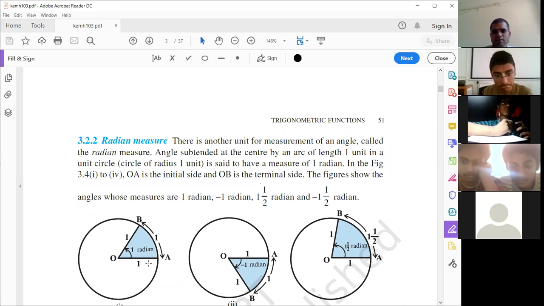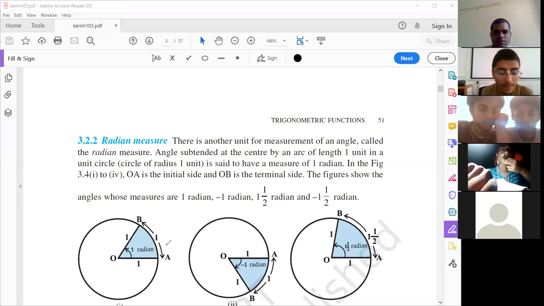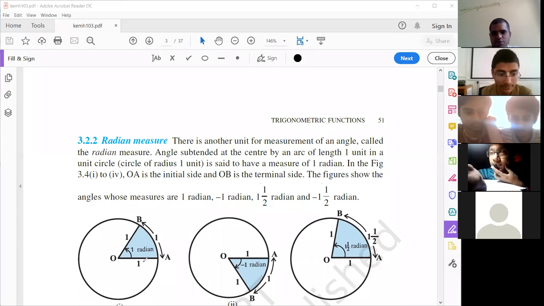यहाँ पे चलो 1 second. ये फिगर से समझ में आ रहा है? देखो. Prabhuji, एक बार और बोल सकते हैं क्या आप? Yes, I am saying if we take a circle of radius 1 unit, okay, this is a circle of radius 1 unit, and we take an arc along this, arc का मतलब समझते हो?